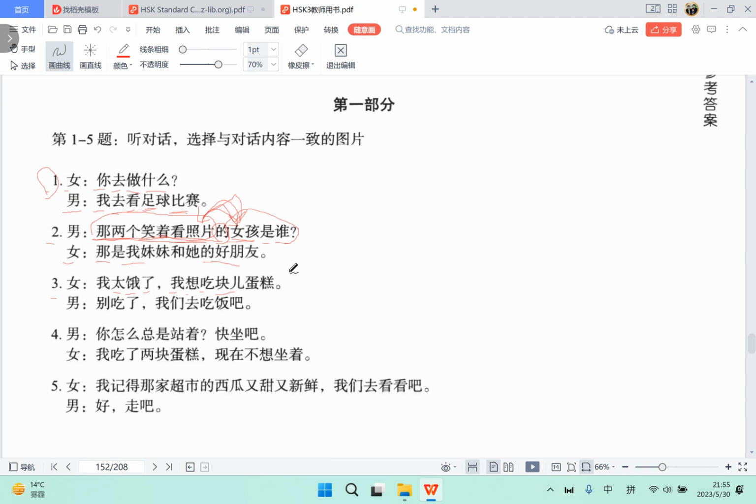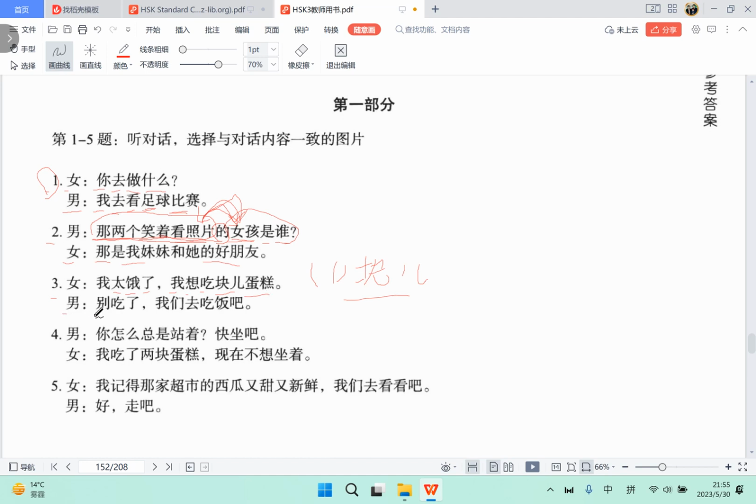In the last lesson we mentioned that when the quantity of the thing is one, we can omit the number. So actually it should be 一块, but because the quantity is one, we could omit it and just say 块.